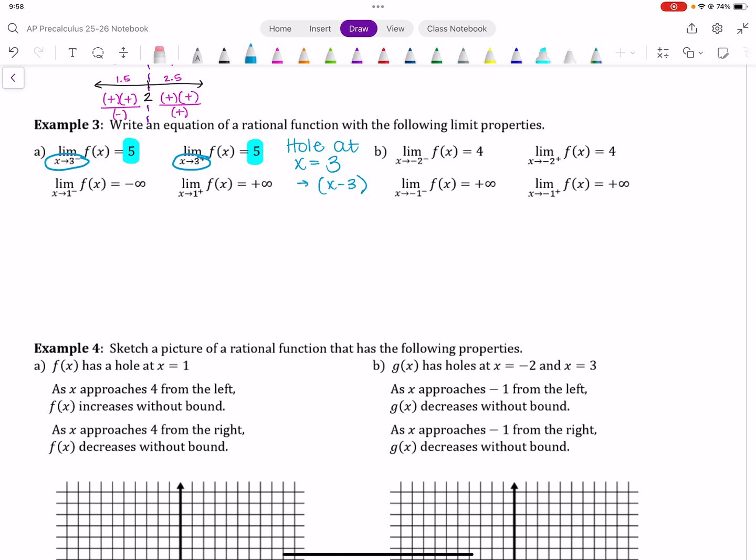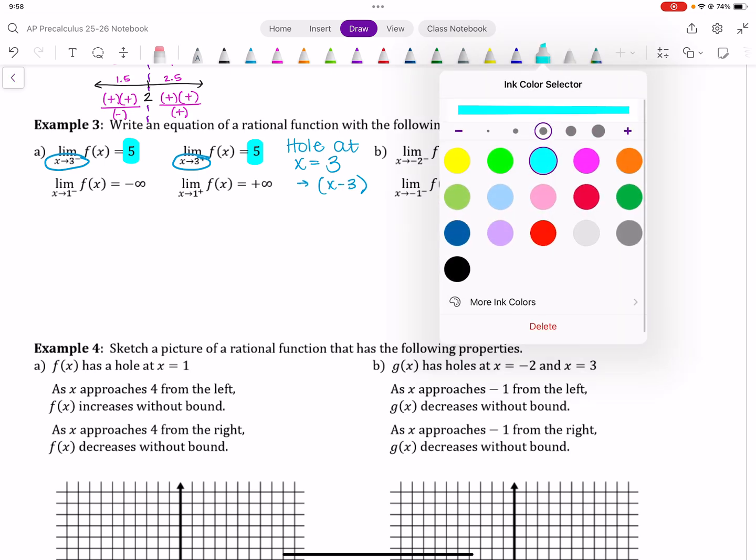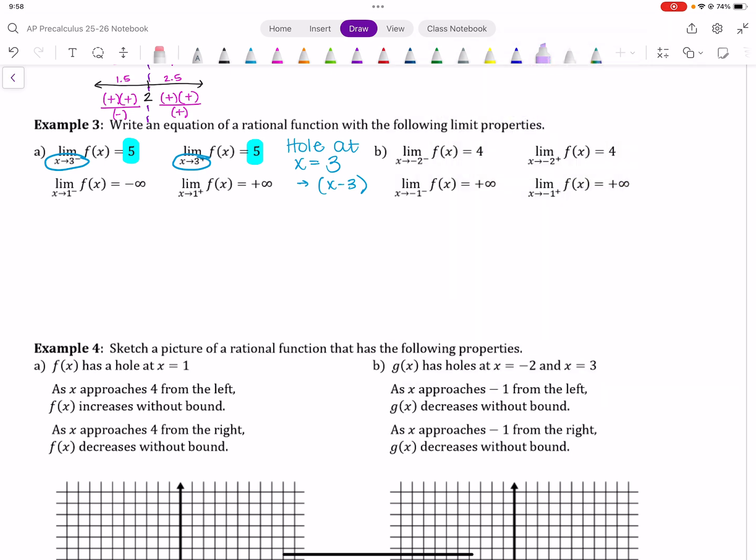And then our next limit, because they are equal to our infinities, we know this is a vertical asymptote. So we know we have a vertical asymptote at x equals 1, which means we need x minus 1 in the denominator only.